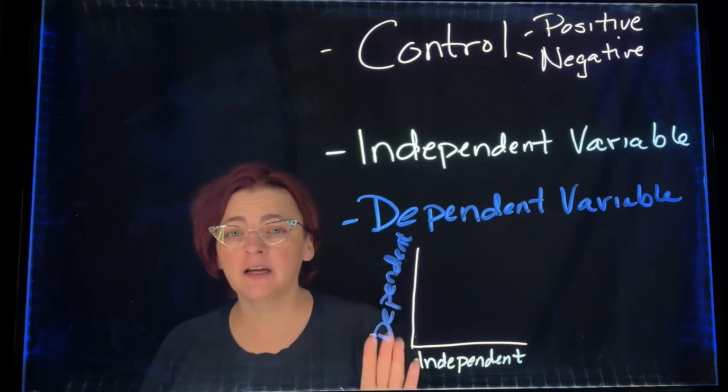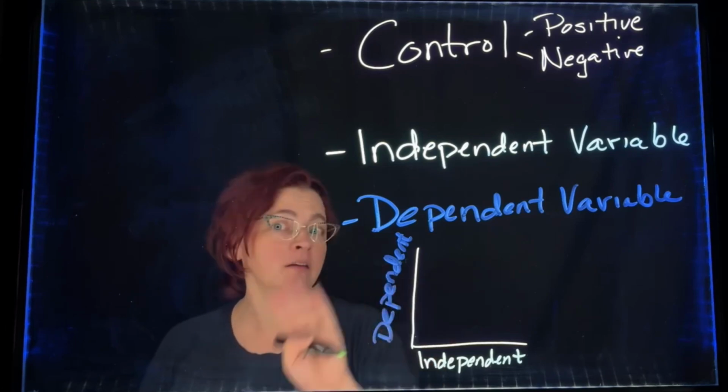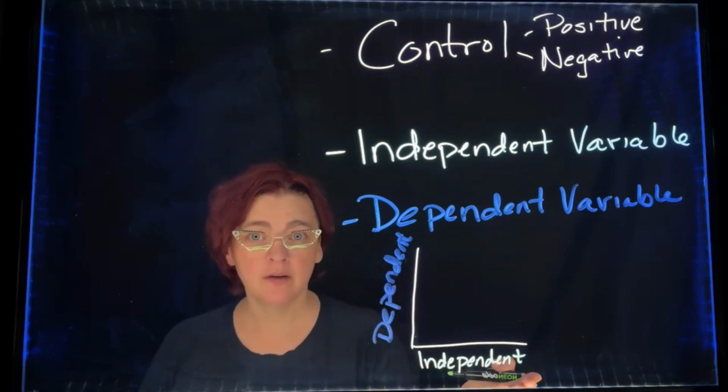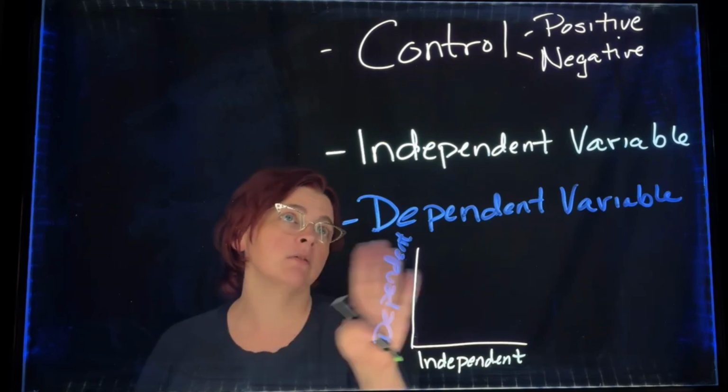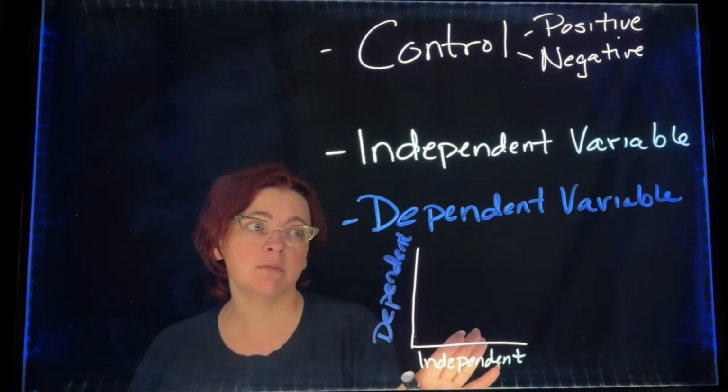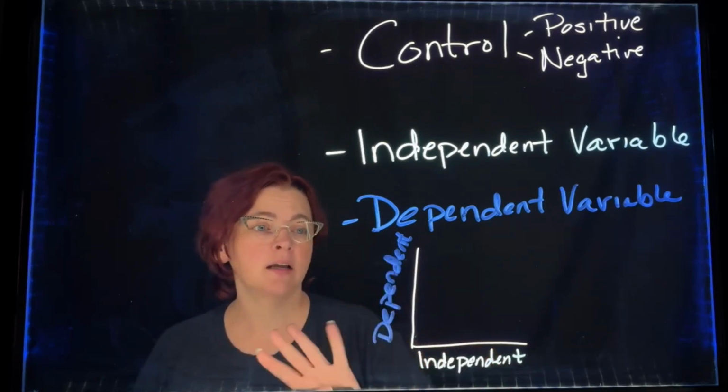Or if you're looking at a graph, you can determine what is the thing that was being measured and what is the thing that we were testing. This is something that you need to make sure that you have down and that you can recreate a graph.